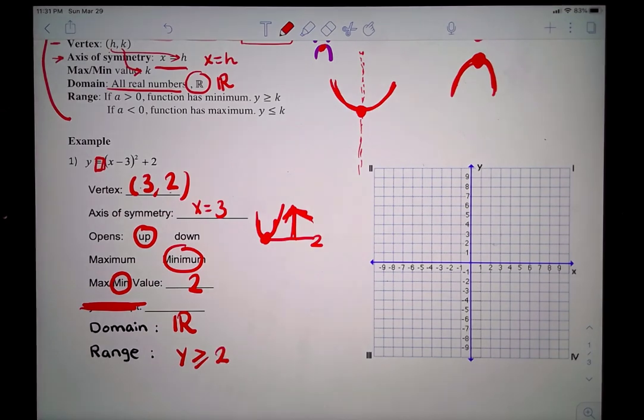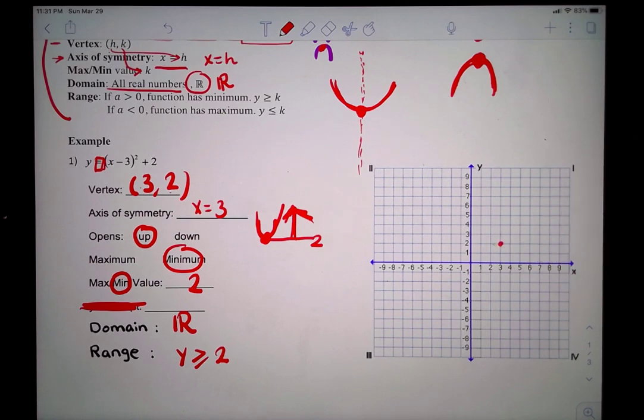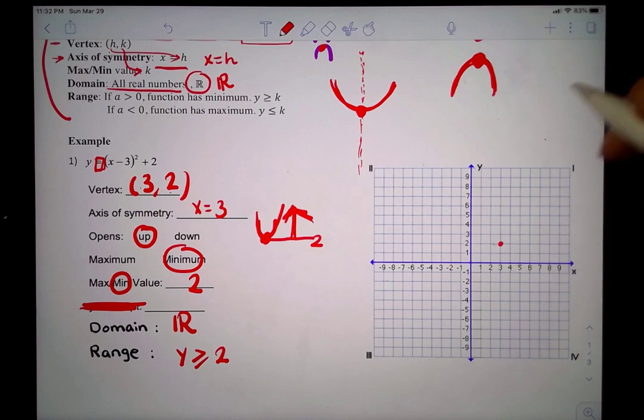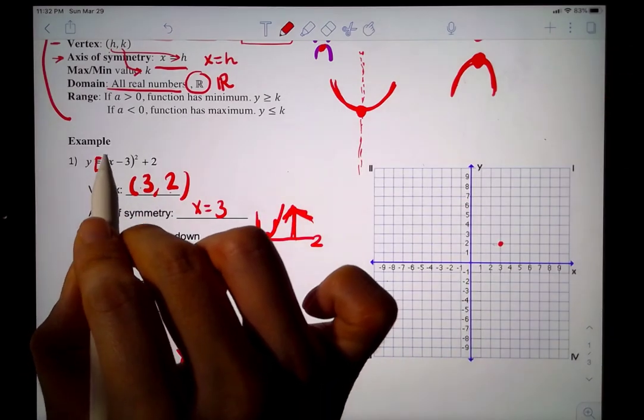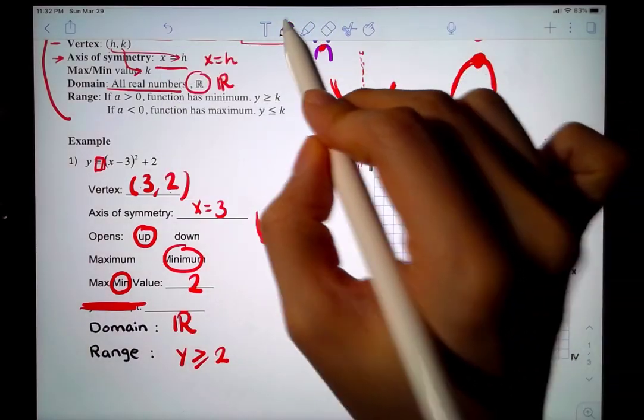Like this. And then here you have the graph. So let's sketch. (3, 2). So you go to (3, 2). It's right here, right? And then I'm going to sketch it. When you sketch a quadratic function, you need to plug in numbers to get values. So when x is 4, let's think about 4. You put 4 here, right? Let me use another color.